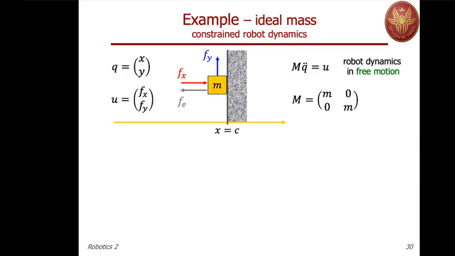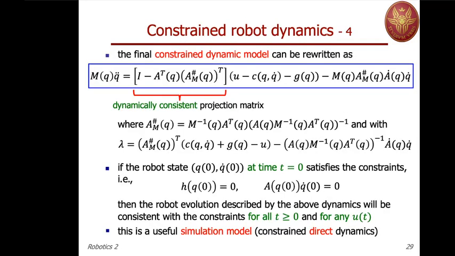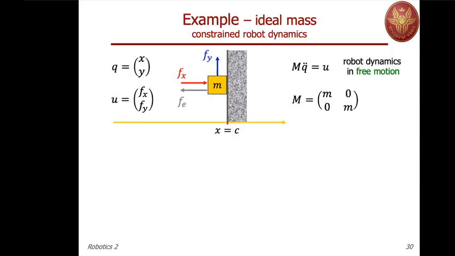So let's apply this general formula. Let's take a look again. So M of q double dot, then we have the dynamically consistent projection matrix, which is I minus A transpose times the transpose of the pseudo-inverse weighted by the inertia matrix of the Jacobian, and then all the other terms. Let's apply it to the first ideal mass case.